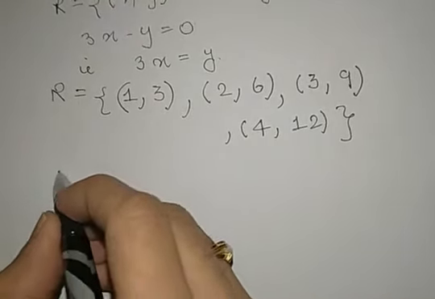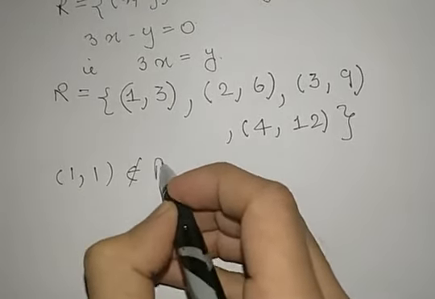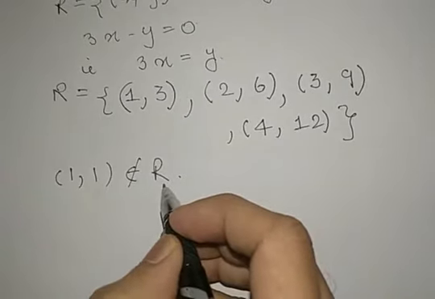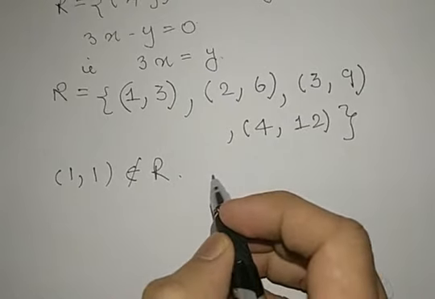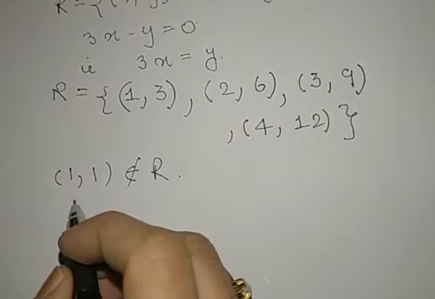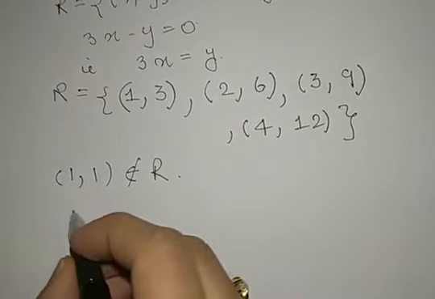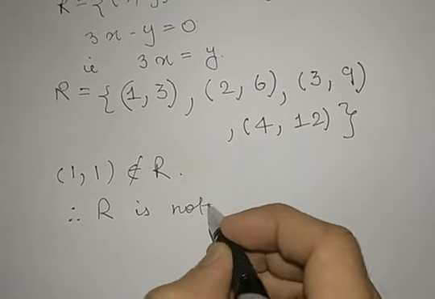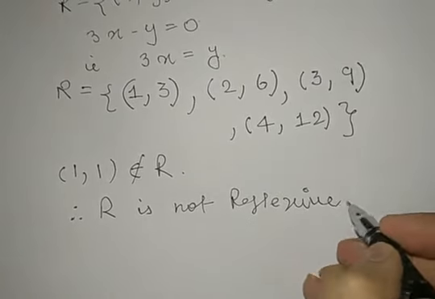Because (1, 1) doesn't belong to the set R. Relation R is said to be reflexive if (a, a) belongs to R for all a belonging to the set A, right? Here you see that the element (1, 1) is not in the set R, therefore R is not reflexive.